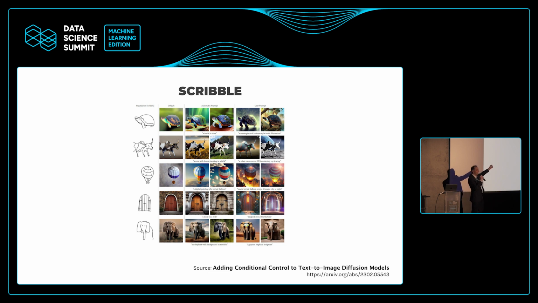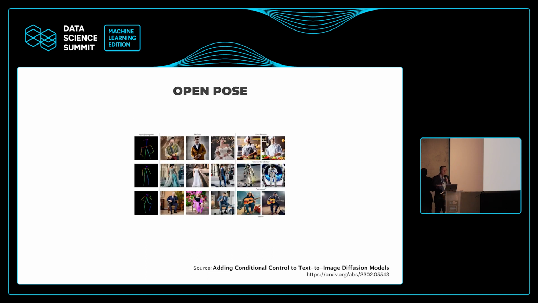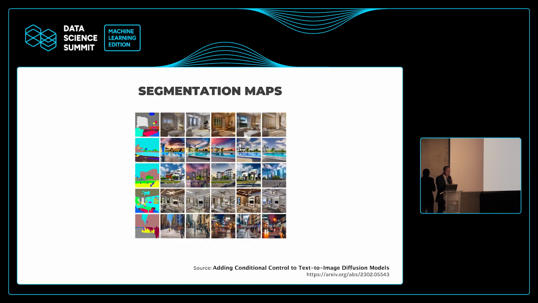Just think about your kid who can draw something like this to the left, and what you get are the results to the right. There's also OpenPose, where you can draw a pose and generate a person that has exactly the same pose. There are segmentation maps, so you can say, I want sky over here and grass over here, or whatever, and generate such images.